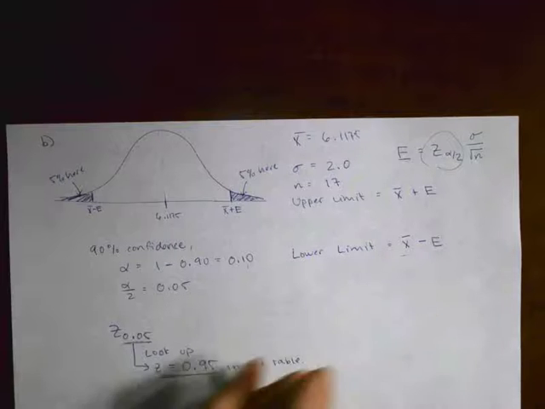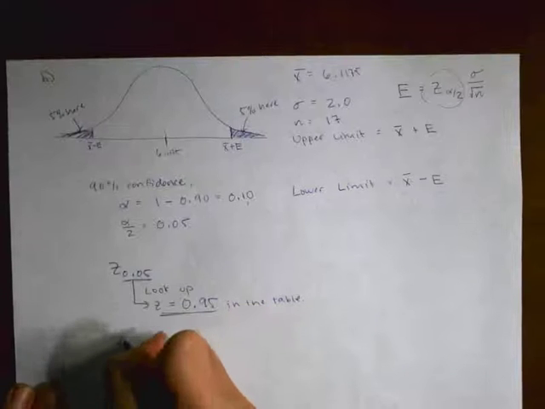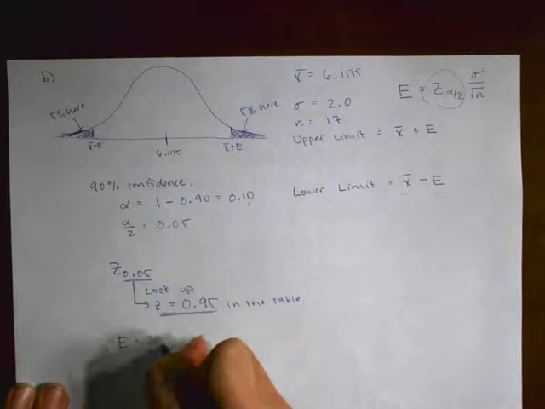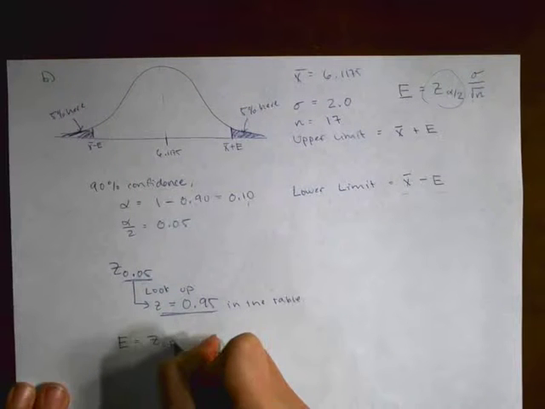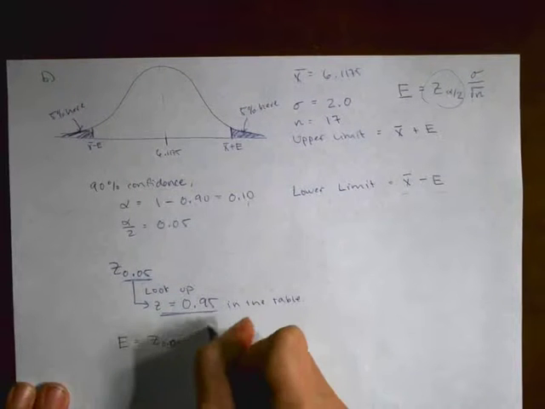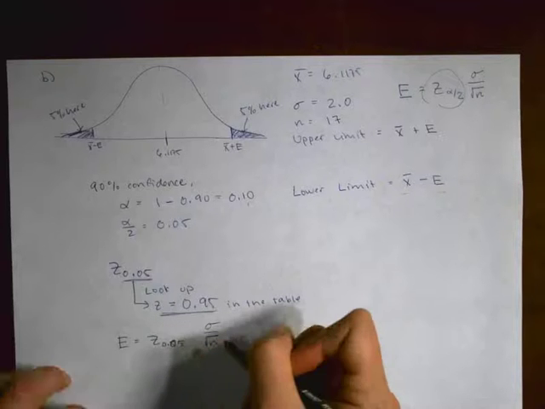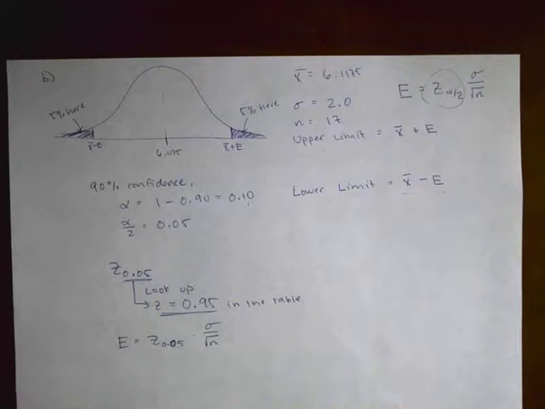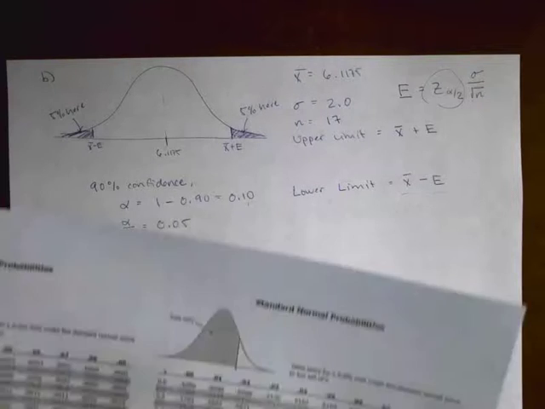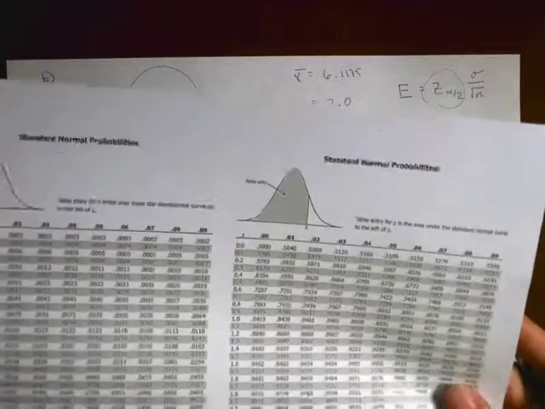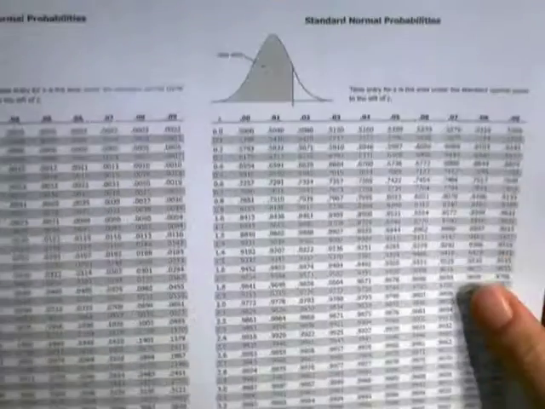We're going to look up Z equals 0.95 in the table, and that will be what Z of alpha over 2 is. Okay, so E is Z of 0.05 times sigma over the square root of n. To find Z of 0.05, I'm going to look up Z of 0.95.